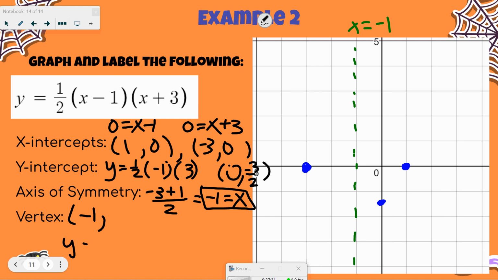So y is going to be equal to 1/2 times negative 1 minus 1, which would be negative 2, and then negative 1 plus 3, which is 2, which would give us what output for a y value? Not positive 2, but negative 2. So here we have the point negative 1, negative 2.